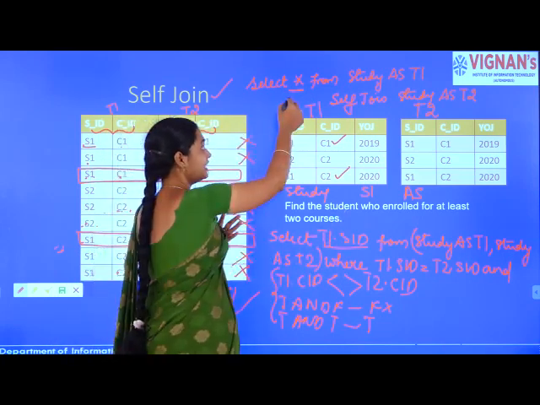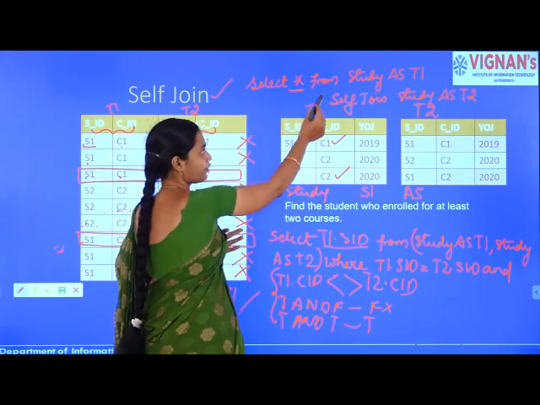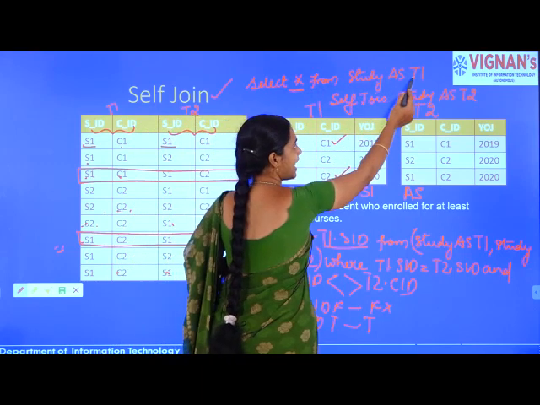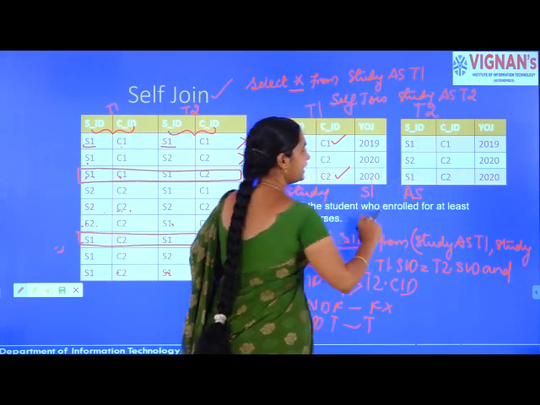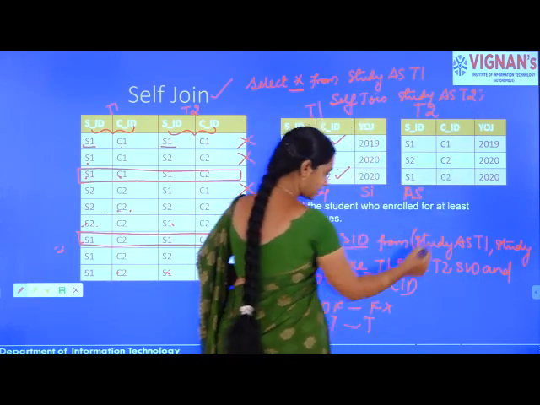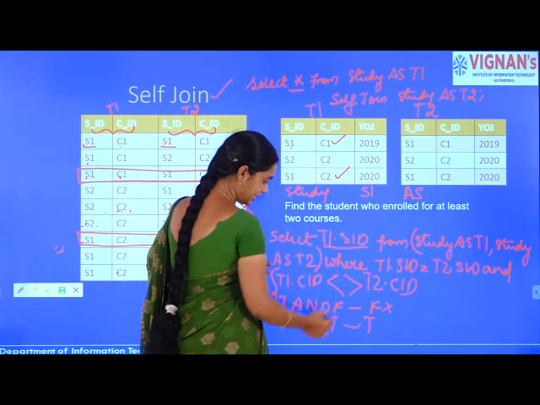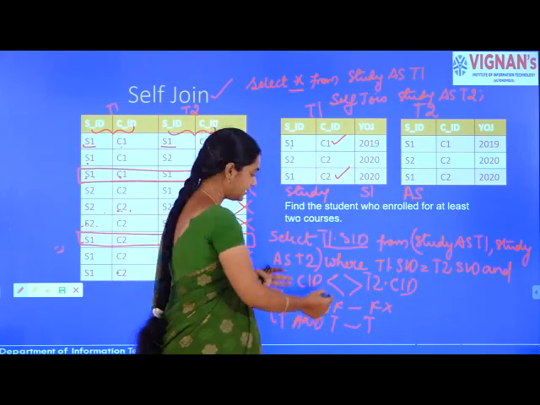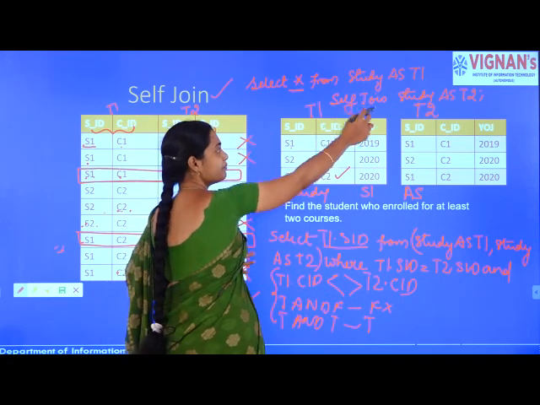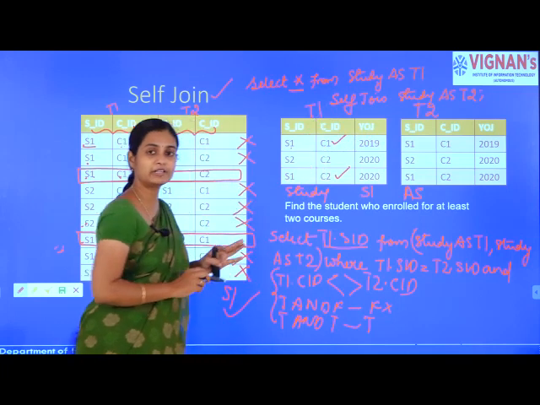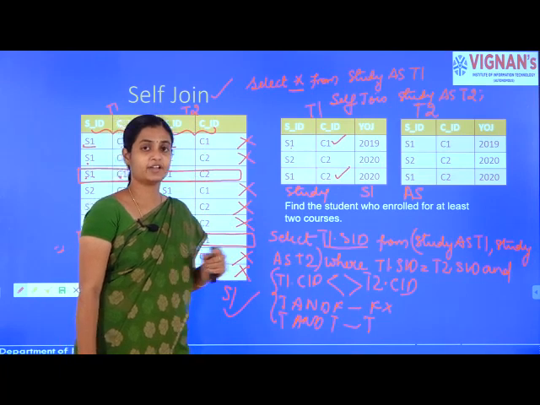T1.SID, with the alias name, dot the attribute, from the table name as alias name, self join the table name as alias name. So whatever we have written is cross joining 2 relations and then finding the where condition. Instead of writing the where condition, if we simply self join, it will retrieve the data automatically. Thank you.